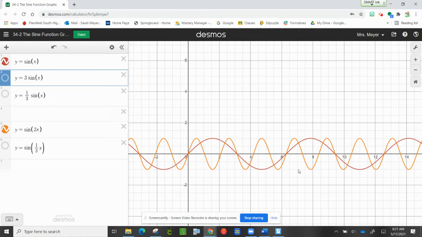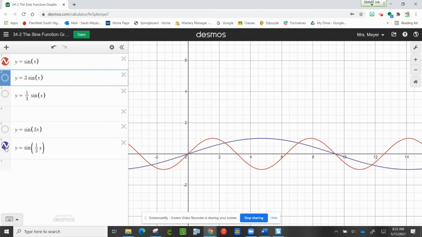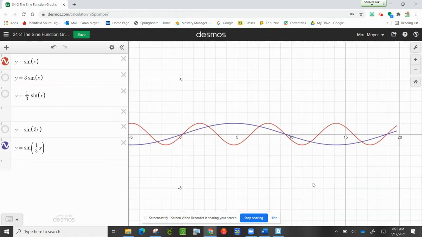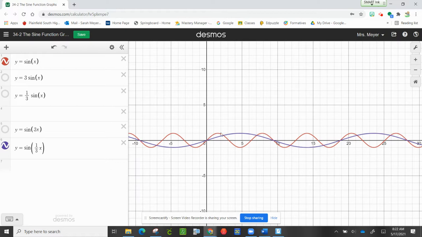That curve gets smushed in, kind of like an accordion, right? In the parent function, it's a little bit more drawn out, whereas when I change the period, it's going to make it repeat a little faster. Similarly, if I have 1/3 x, you can see it's going to repeat, but it takes a lot longer to do that. It's going to repeat every 6 pi on this one.